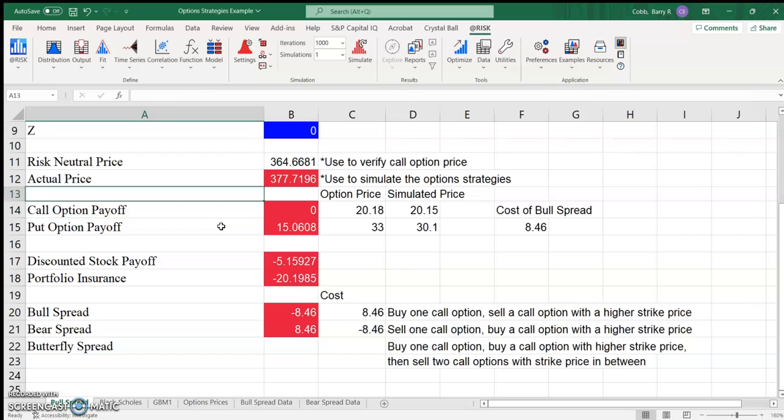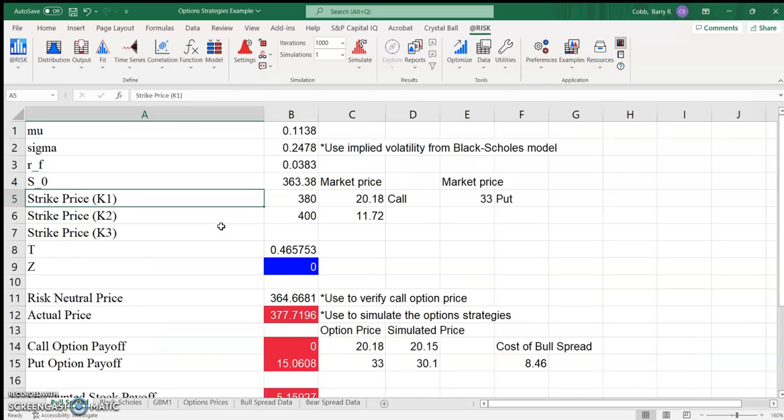So here's how that would work. We've got two options up here already that have been used for other strategies, and we can still use those. So we can make the strike price of 400 the option with the highest strike price, 380 the one in the middle, because that's close to what's projected for the price here.